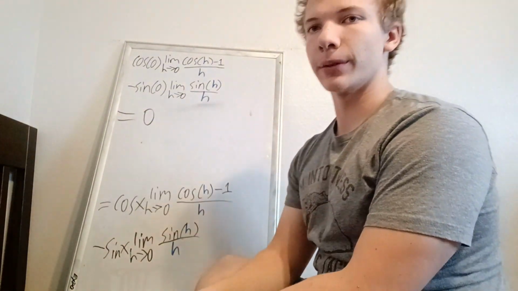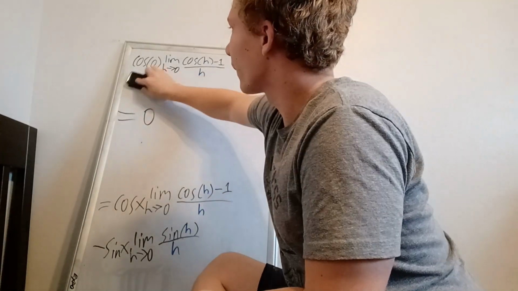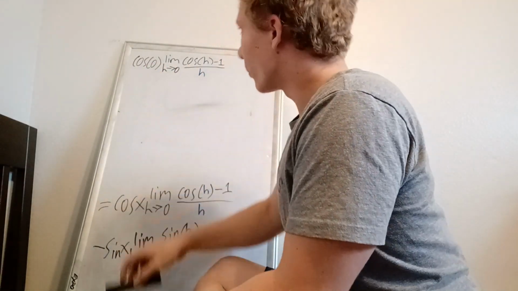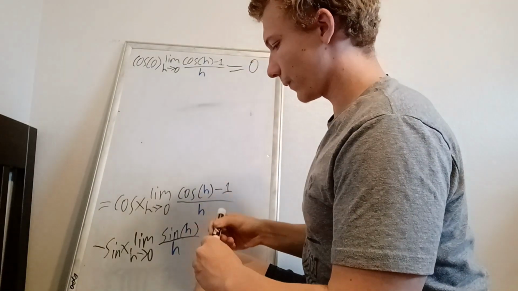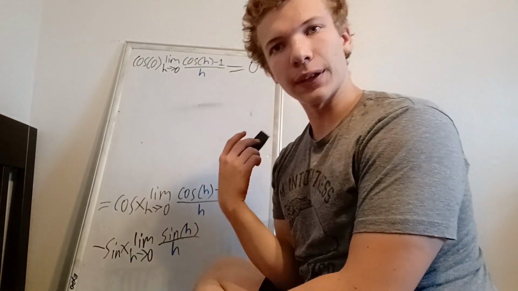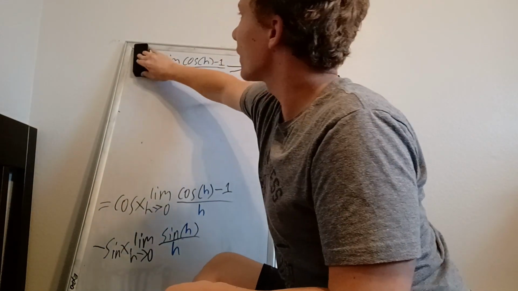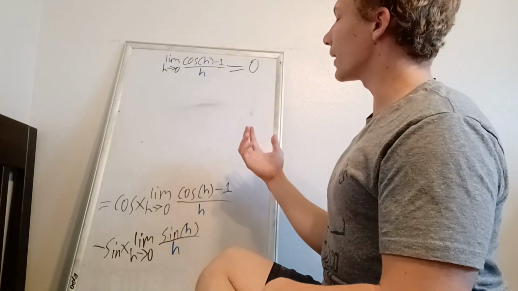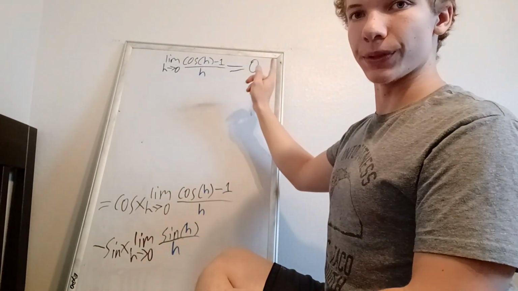Sine of 0 is just 0. So this actually cancels out, and we're left with that this expression is equal to 0. But wait a second, cosine of 0 is also just 1. Therefore, this limit of cosine h minus 1 over h as h approaches 0 must equal 0.